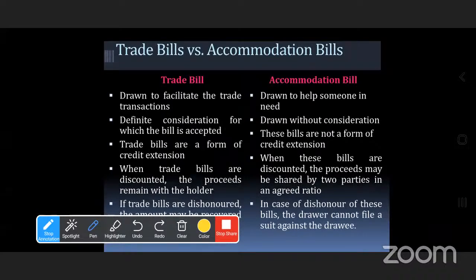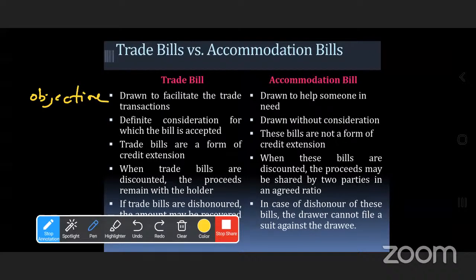Coming to the basic differences of trade bills and accommodation bills, there are certain parameters. Let us see in which areas they will be differing. Coming to the objective of these trade bills and the accommodation bills.